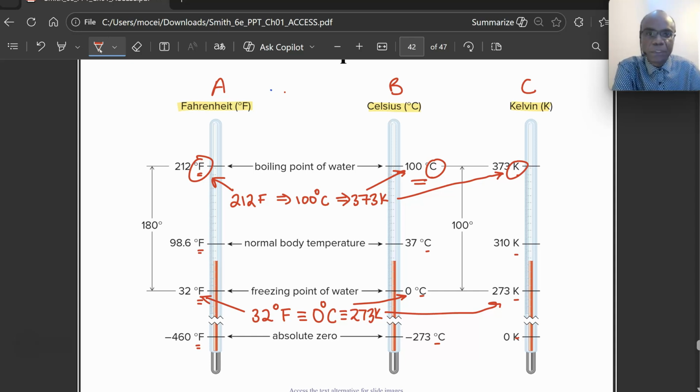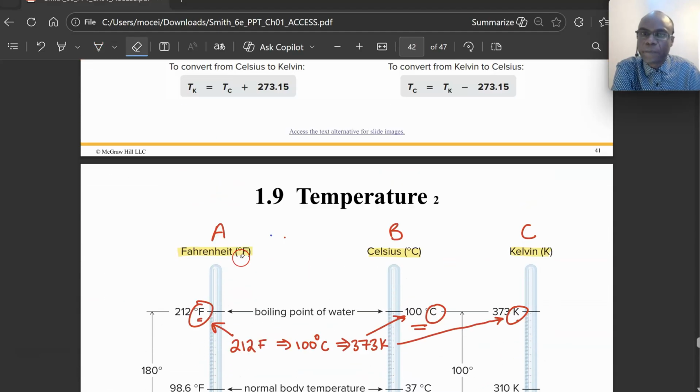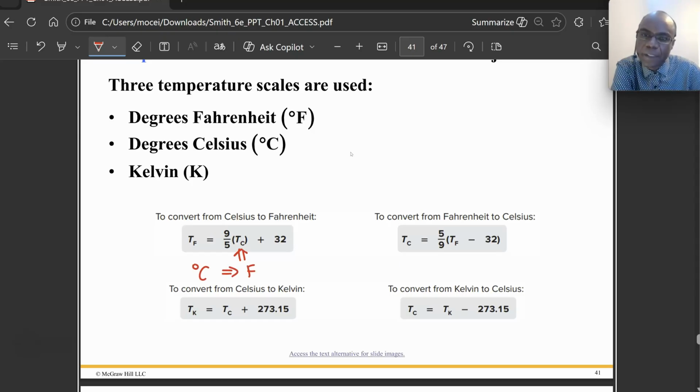So we use formulas to interconvert them. So the formulas we use are these ones here. If you want to convert degrees Celsius to Fahrenheit, that will be case A. The formula is, remember we need the Fahrenheit, you take 9/5 of your degrees Celsius that is given and add 32 to it.